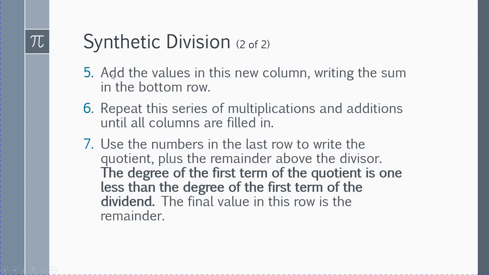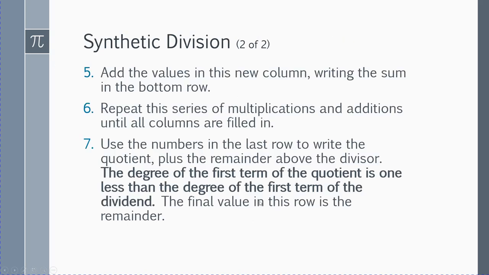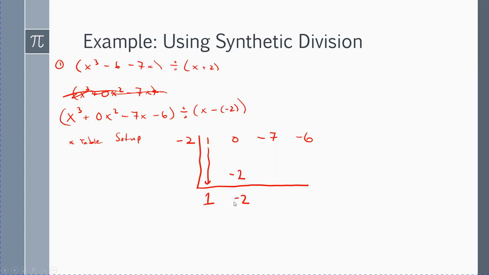Then what you're going to do next is add the values in the new column, writing the sum in the bottom row. So let me add down. What is 0 plus minus 2? You get minus 2. Next, you're going to repeat this series of multiplications and additions until all columns are filled in. So now you've got a new number here.